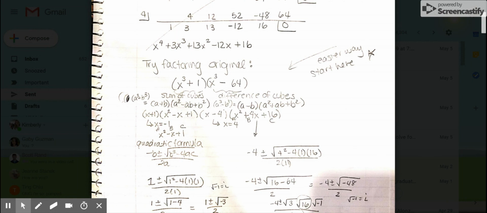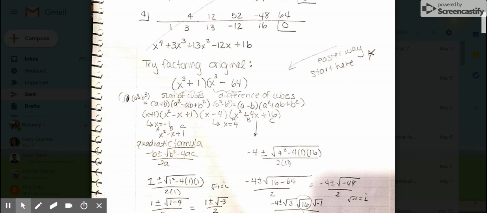So in order to factor this now, I found that a was x, b was 1, so I have x plus 1, and then I plugged in x squared minus a times b, which is x times 1, so minus 1x, plus whatever b is squared. b times b is b squared.